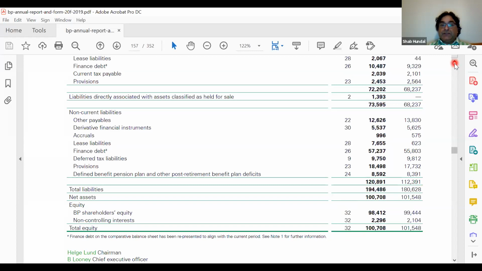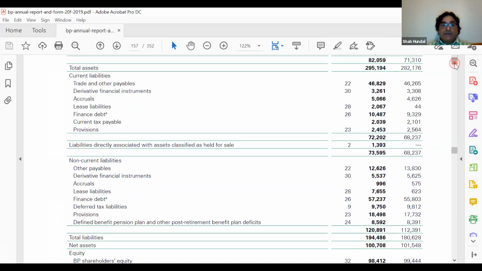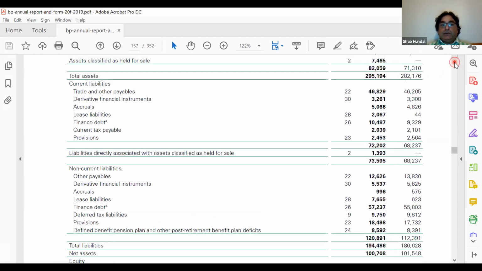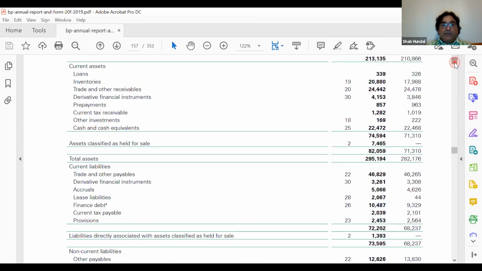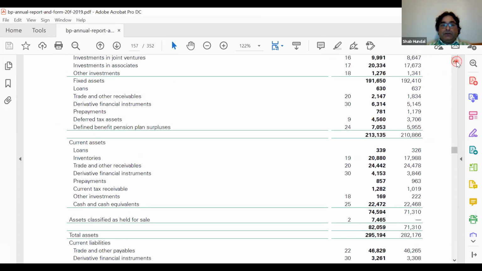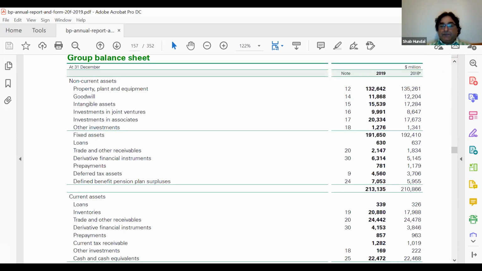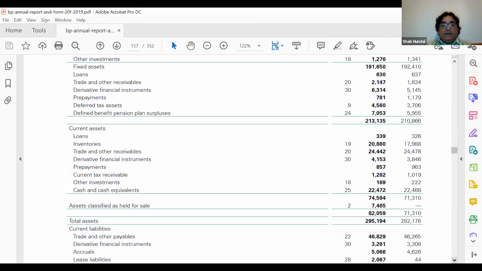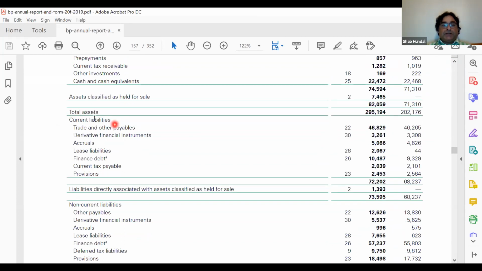So you can see that the company's total assets are 295,194, and the total assets include current and non-current assets. These are the current assets, and these are the non-current assets. In the same way, total liabilities include the current liabilities and the non-current liabilities.